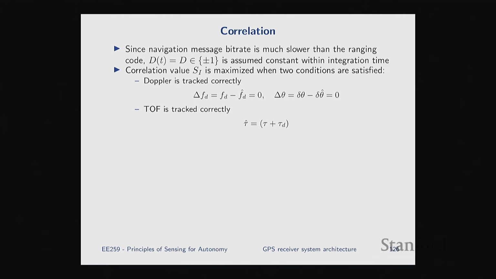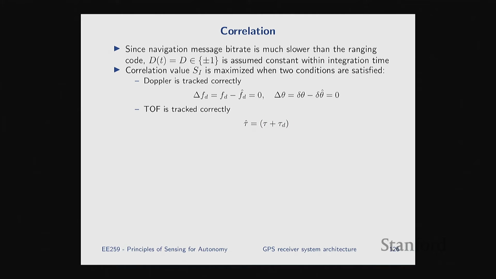One is, as I said, you have to track and compensate for Doppler correctly, so that delta f term should be 0, which means your estimate of the Doppler shift should be equal to the actual Doppler shift, and also your estimate of the phase should be the actual phase, and that makes that cosine term 1. That's number one. Number two, which is exactly what Saksham said, is your tau hat should be equal to tau plus tau d.